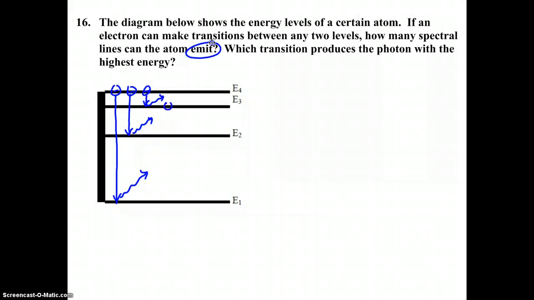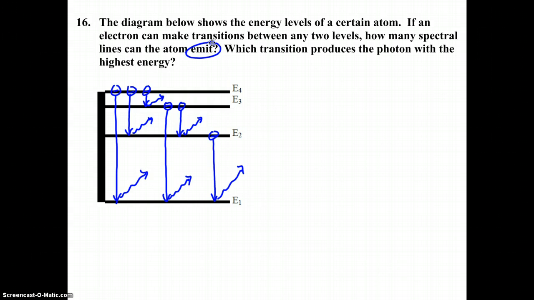Next, we start with an electron in E3, which if it dropped by itself all the way to ground, it would emit that photon. From E3 to E2, it would emit that photon. And what other possibilities exist? From E2 to E1 directly, and it would emit that photon. Have we covered all the possibilities?